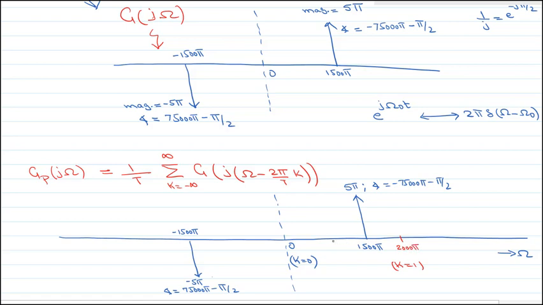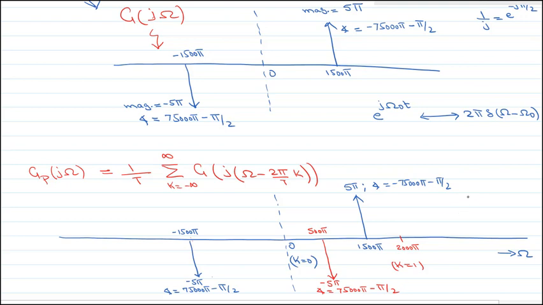And when I do that, this thing over here will sit at 2000 minus 1500, which will be 500 pi. Okay. So at 500 pi, I'm going to get a magnitude of minus 5 pi and phase of 75,000 pi minus pi by 2.